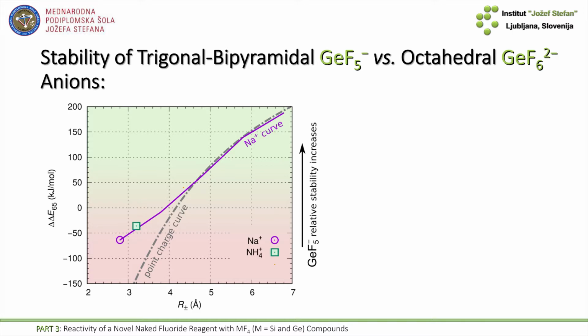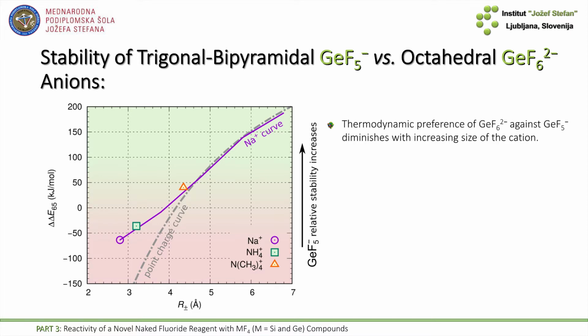Ammonium, slightly bigger, cannot get as close. The energy difference decreases a little bit, and in the case of the tetramethylammonium cation, it comes up to positive values.